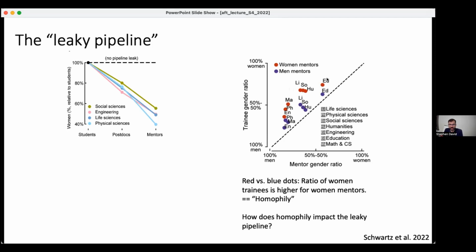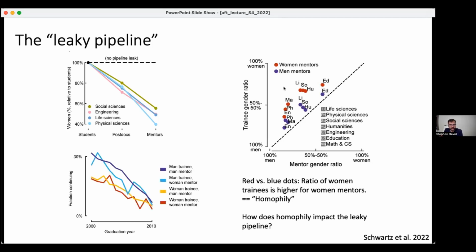And that's true across every field. So the question for us has been, okay, there's this clear leaky pipeline so that women trainees are less likely to continue in research, and does the gender of the mentor matter? That's particularly salient because we see that women trainees tend to work with women mentors.